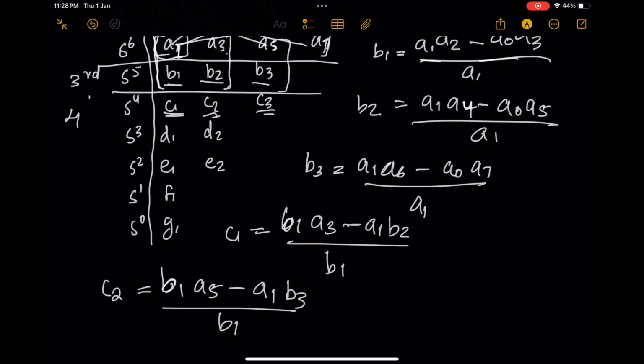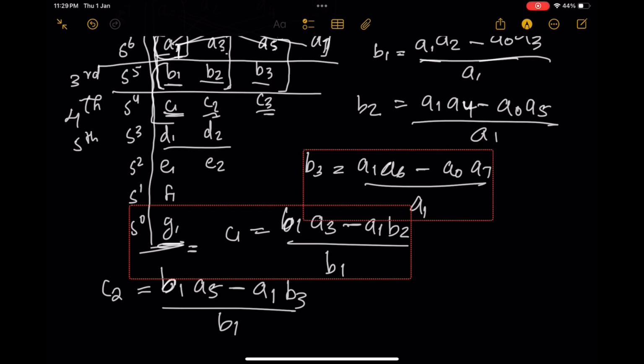Then after that we will move on to the fifth row. In order to find D1 and D2, we will be considering the two rows above it. It's a chain and it will end with a single answer. This is how you solve a Routh array, and you will end up with something like G1, some kind of value.